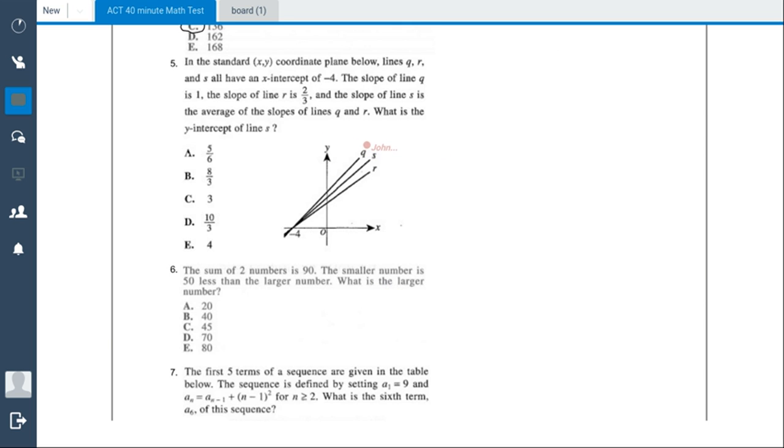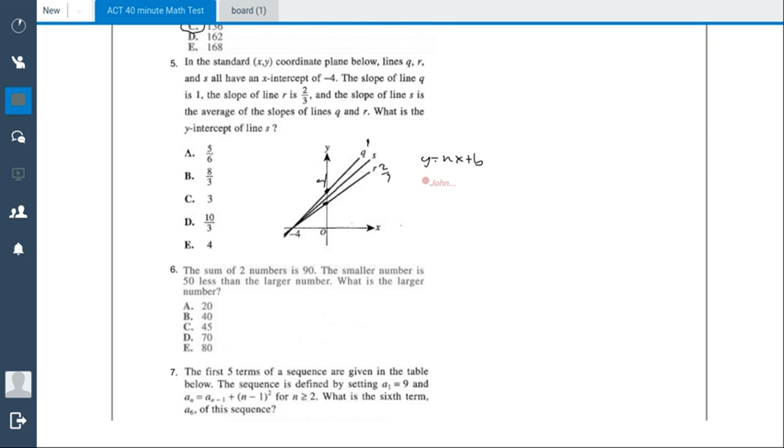It says that line Q has a slope of 1, and line R has a slope of 2/3. And so if this is -4, then that has to be equal to 4. And I'm going to use y equals mx plus b to find out where that point is.